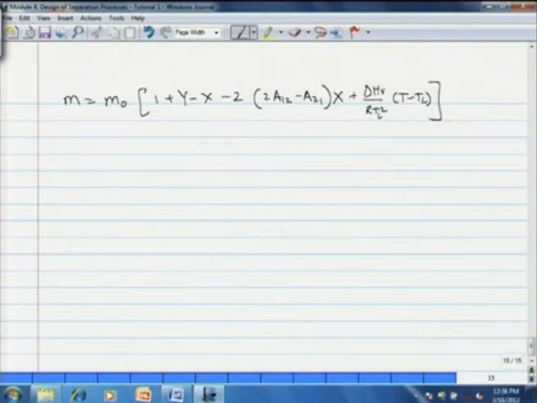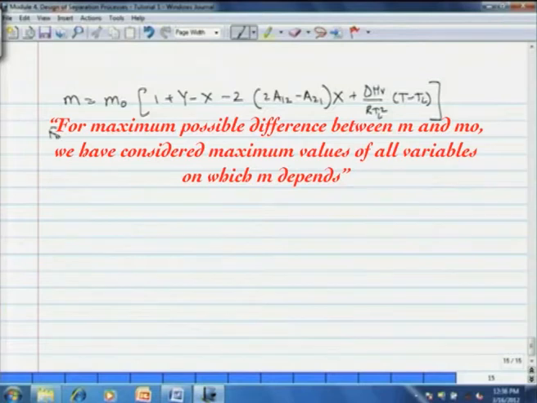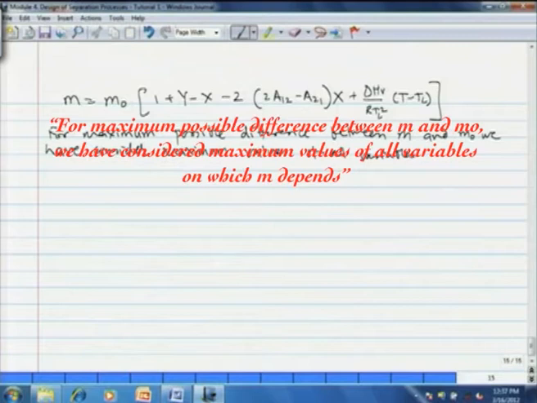This bracket complete. Okay. Now, for maximum possible difference between m, the slope of equilibrium curve at any given condition, and m naught, which is the reference condition, we have to consider maximum values of all variables on which m depends.